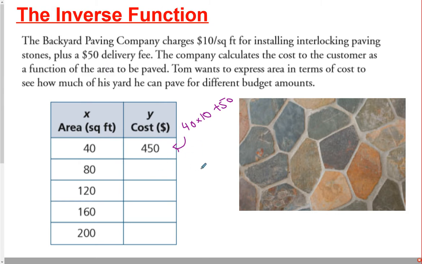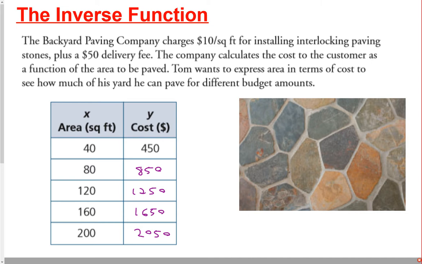So we've got 450, we've got 850, we've got 1250, 1650, and 2050. So I'm sure this takes you back to grade 9 math, filling in our table of values, right? But that's an important skill that we need to have.